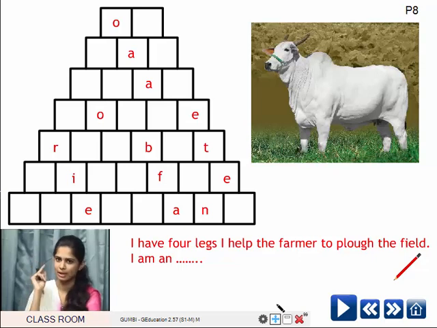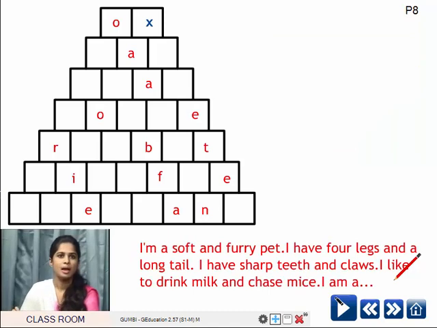Shall we solve the second row? Okay, listen to the clue carefully. I am a soft and furry pet. I have 4 legs and a long tail. I have sharp teeth and claws. I like to drink milk and chase mice.